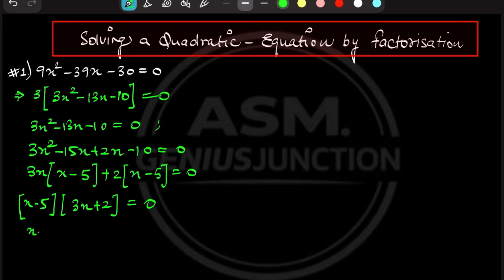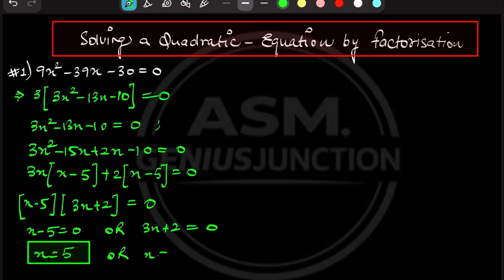If I put x minus 5 equals to 0 or 3x plus 2 equals to 0, we are going to get x is equals to 5 or x is equals to minus 2 by 3 as the final solutions for the given question. Please pause the video and note down the solutions.